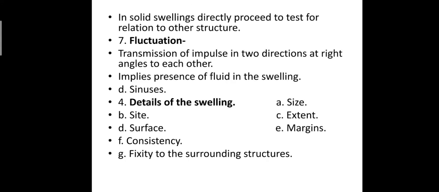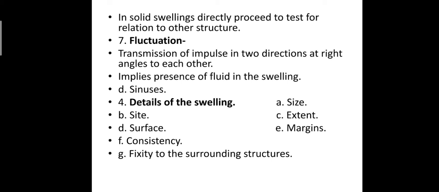In solid swelling, directly proceed to test for relationship to other structures. Fluctuation: transmission of impulse in directions at right angles to each other implies presence of fluid in the swelling.